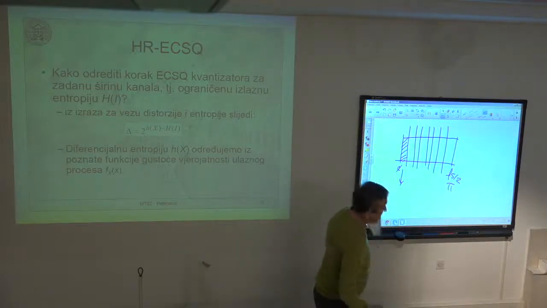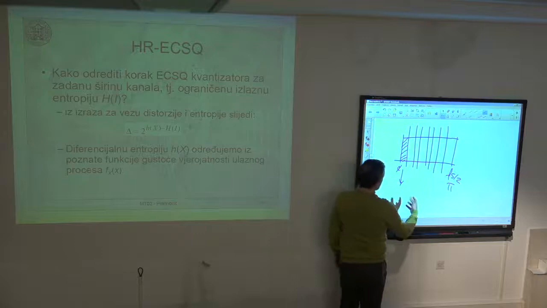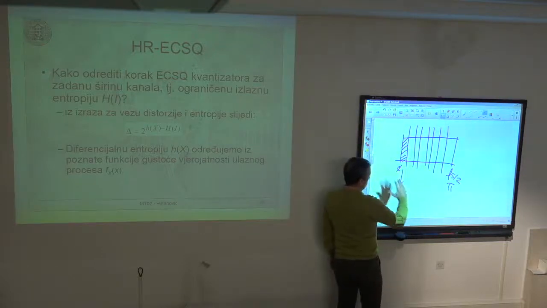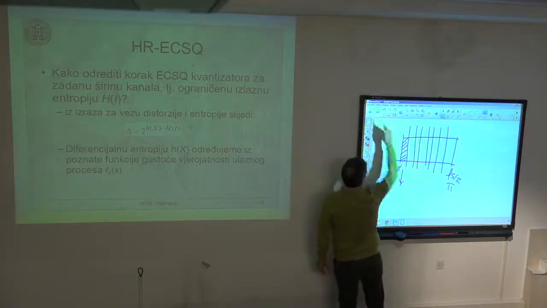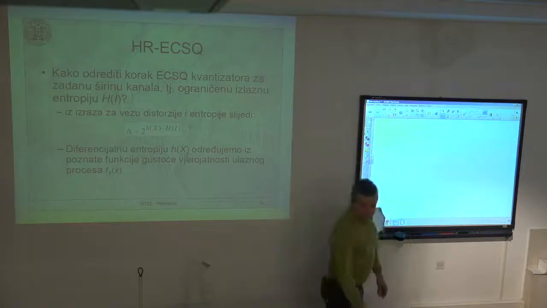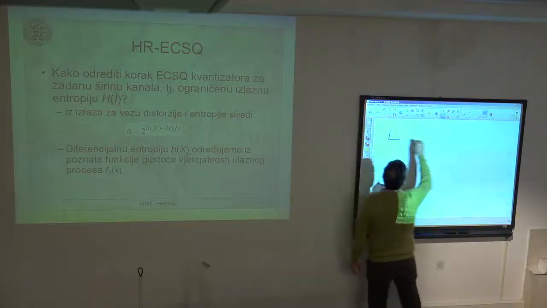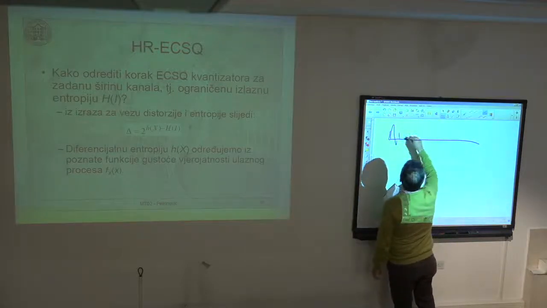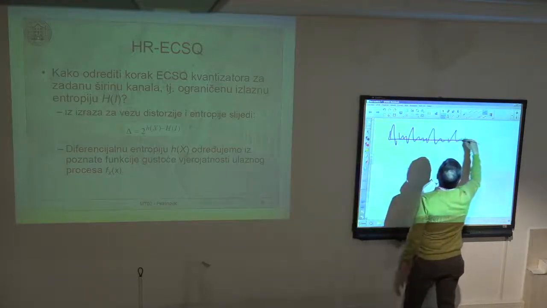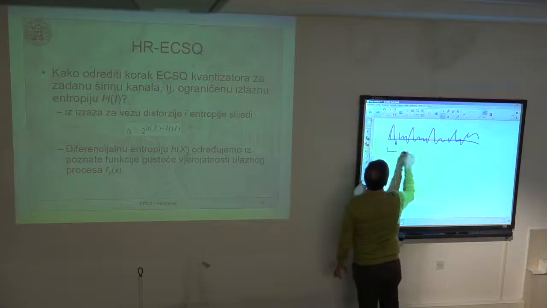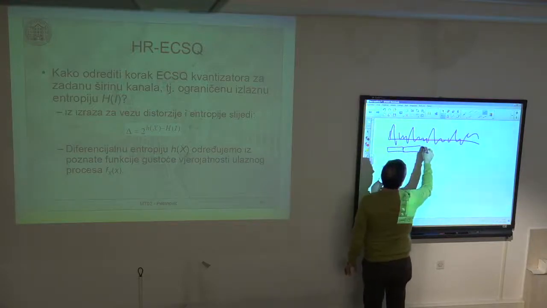So you will be designing the transform domain quantization, where you first do the transformation. I have the time waveform. Then I take 8 samples, another 8 samples, another 8 samples.